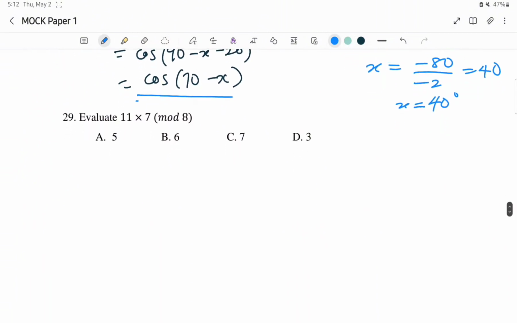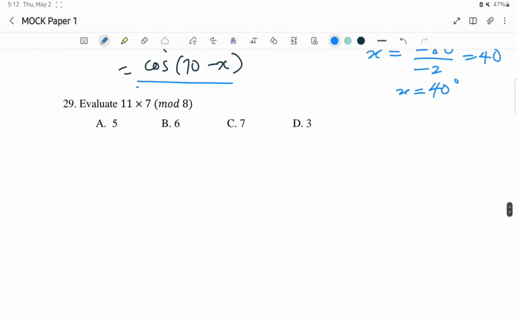Question 29, we're asked to evaluate 11 multiplied by 7 in modulus 8. Well, there are different approaches to how to solve modulus questions, but the simplest is that you just ask yourself, 11 times 7 normally would give you 77, right?